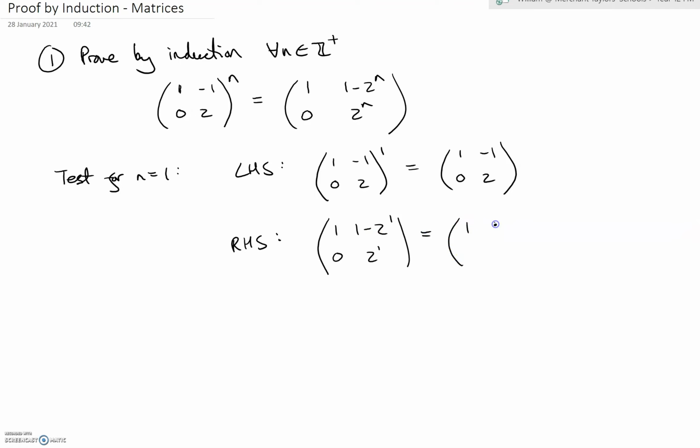This top right element here is 1 minus 2 to the 1, so 1 minus 2. And then 2 to the 1 in the bottom right is just 2. So this is true for n equals 1. So the same kind of idea as series, you prove it's true for n equals 1 to start with.